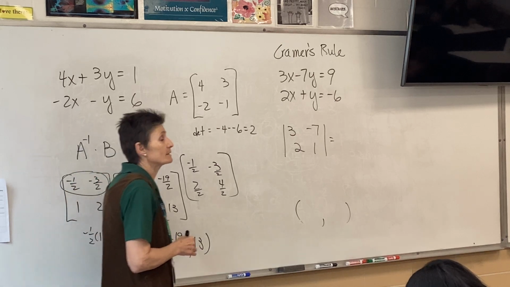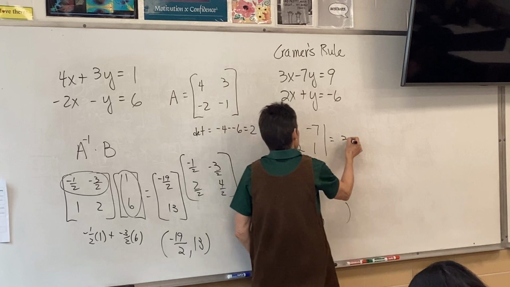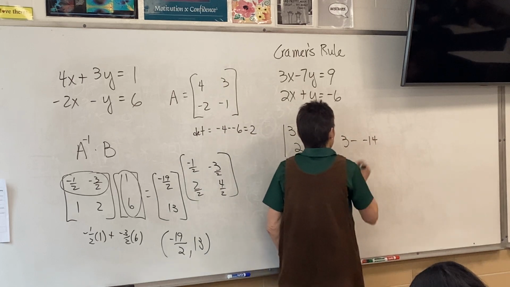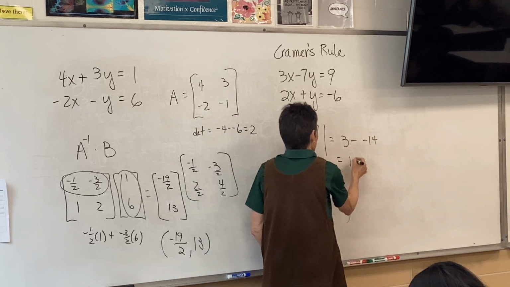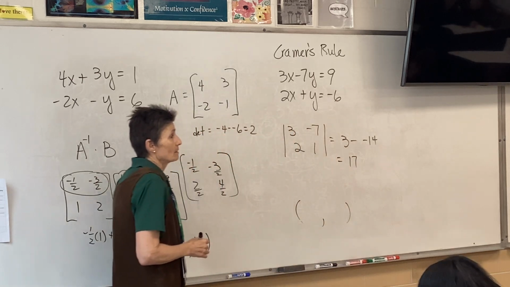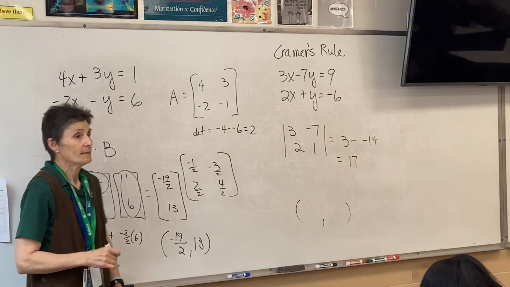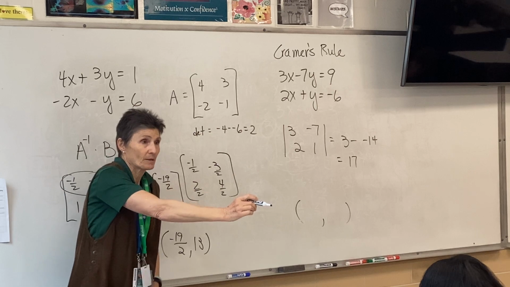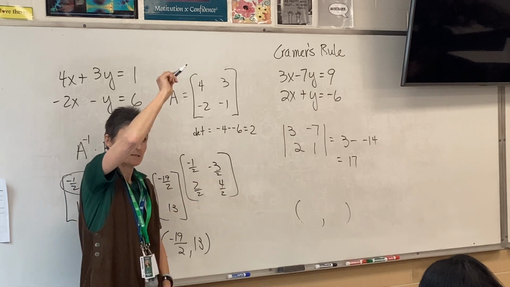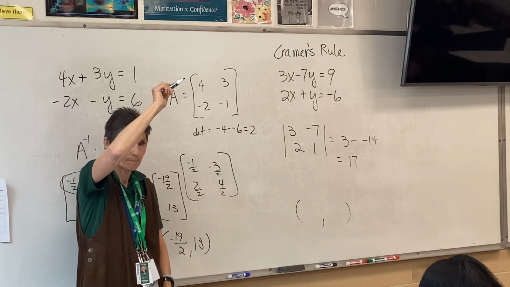Oh, yeah, it's 3 times negative 14 minus... so it's 17. Kids, this minus this. That's how it is every time.